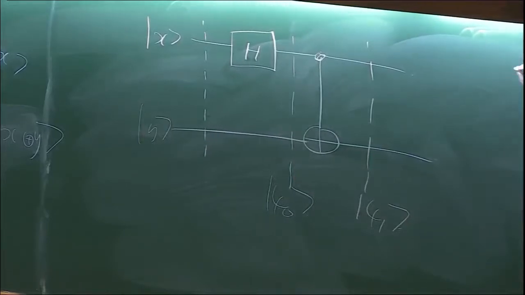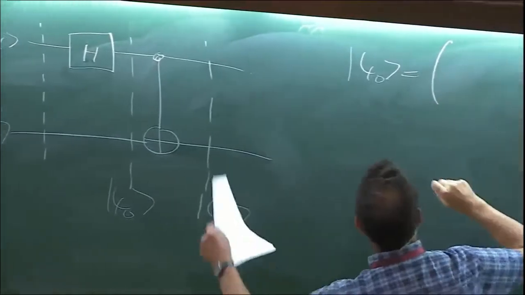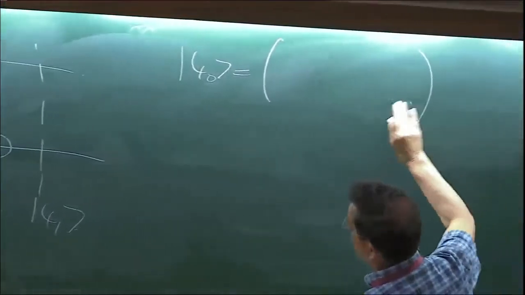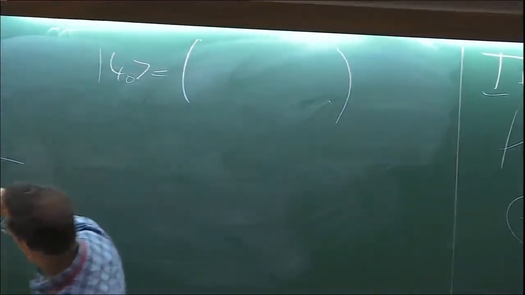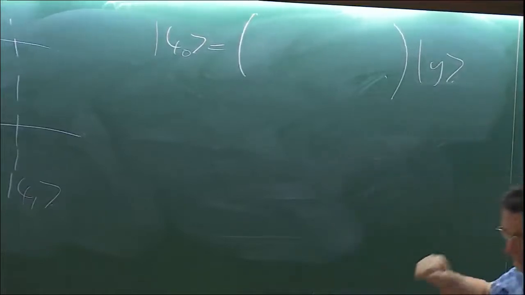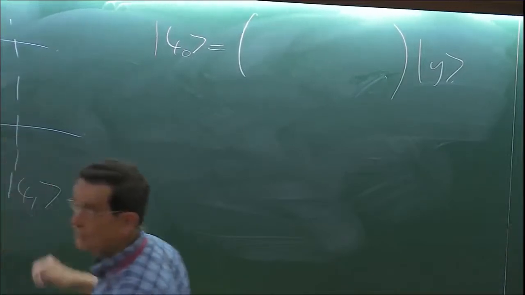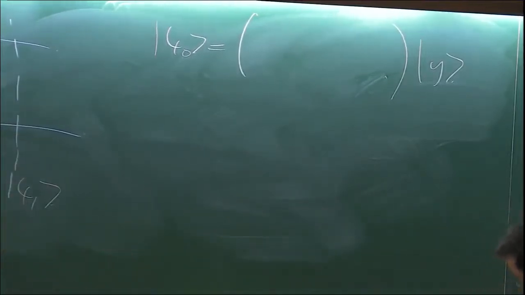So what is psi naught? Well, there's the state of the upper qubit, which has been acted on by the Hadamard, and the state of the lower qubit, y, which is unchanged. So that's y and x. These are states in the computational basis, a 0 or 1. If we want to input states which are linear combinations, we have to work things out using linear superposition.